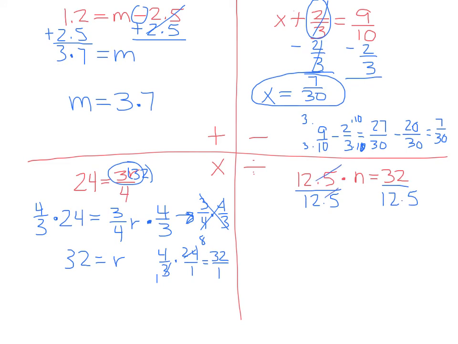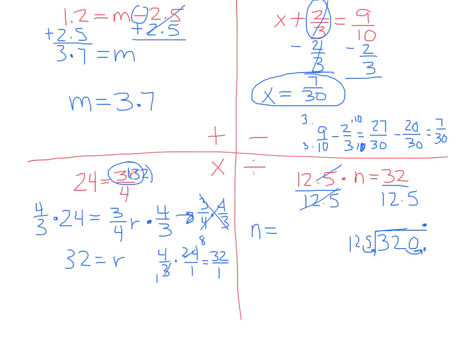So that eliminates my 12.5 and leaves me with just n. Now the tricky part on this one is to actually divide this out, because you have to do some long division. 32 divided by 12.5. If you have a decimal, you move it over to the right, which in turn is going to move this one over to the right. My decimal goes straight up.